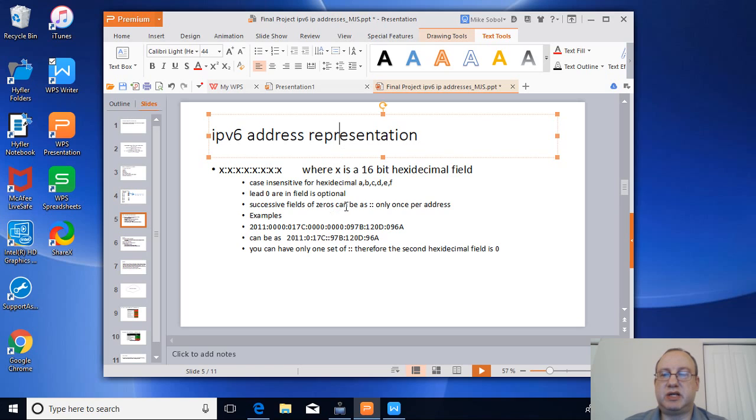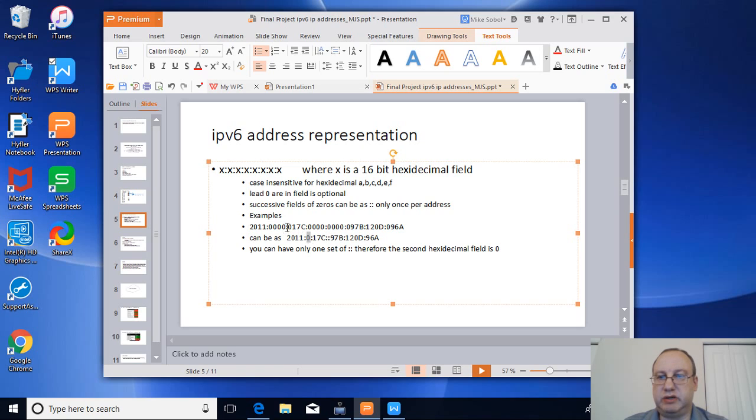Successive fields of zeros can be represented as a double colon, only once per address though. Here's an example of an address, and it could be shortened to this. See the 2 sets of zeros represented by the double colon, and the double colon can only be used once.